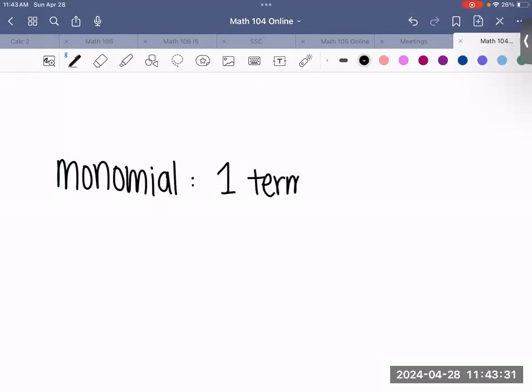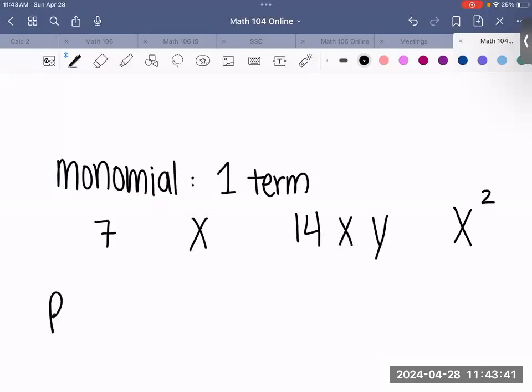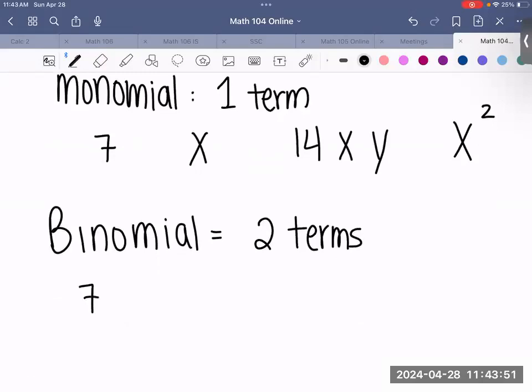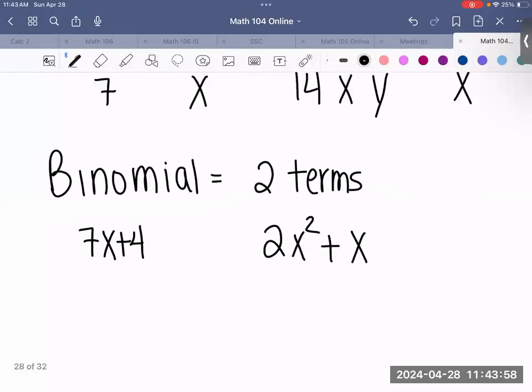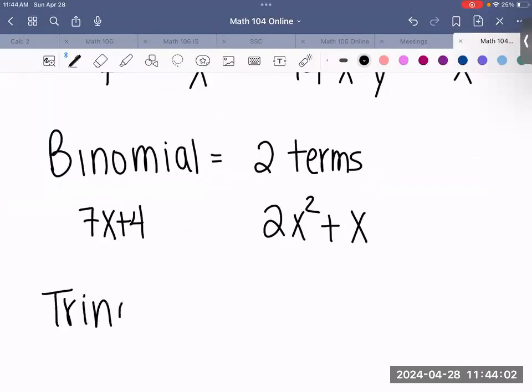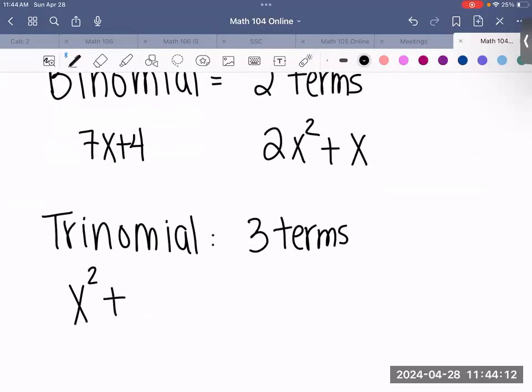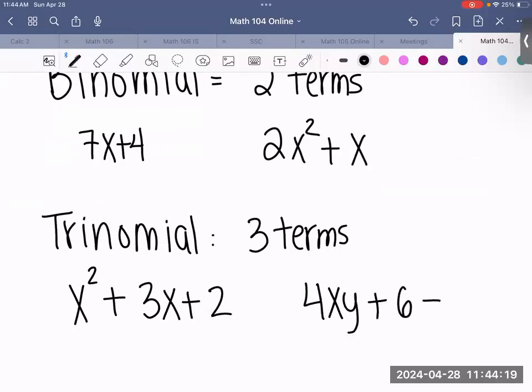one term, something like 7x, 14xy, or perhaps it's x squared; a binomial, which has two terms, 7x plus 4, 2x squared plus x; or a trinomial, three terms, x squared plus 3x plus 2, 4xy plus 6 minus 1.